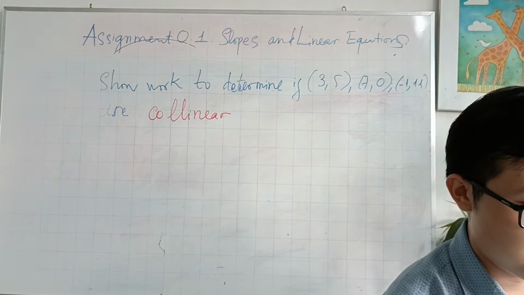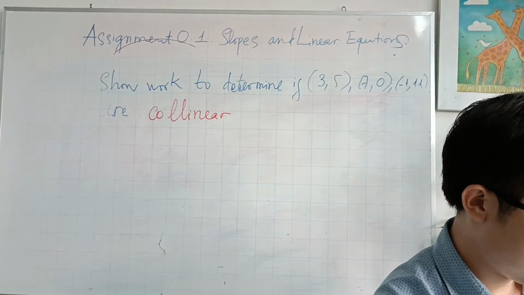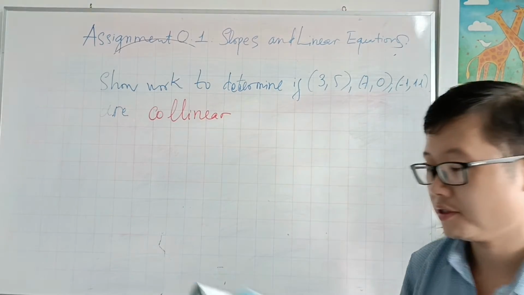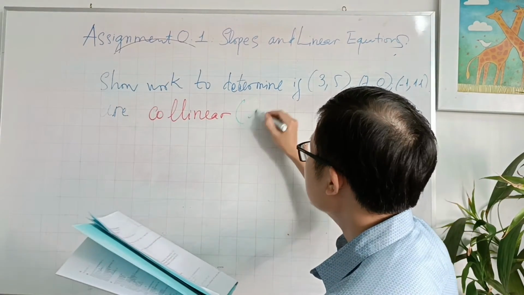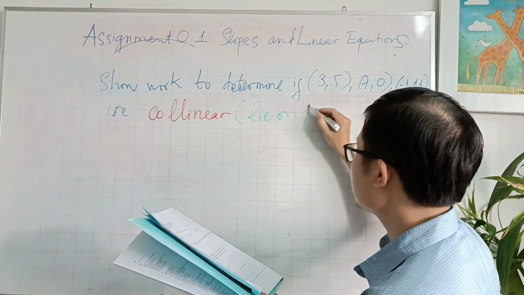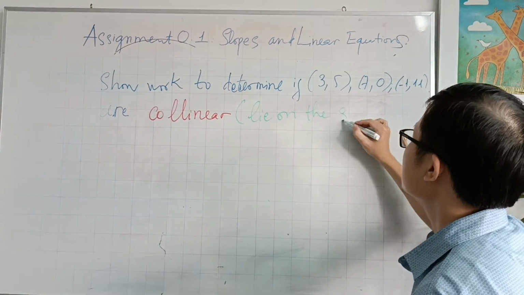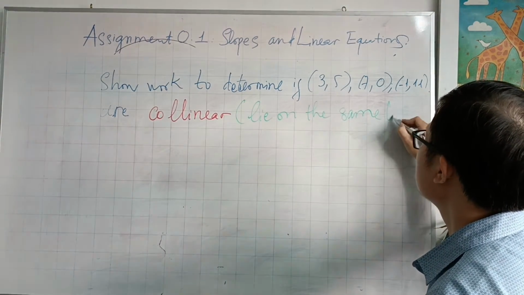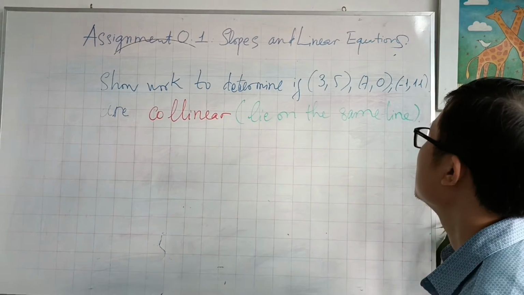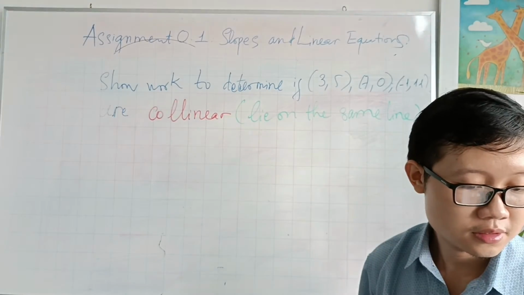Collinear means that the 3 points are lying on the same line. Okay.